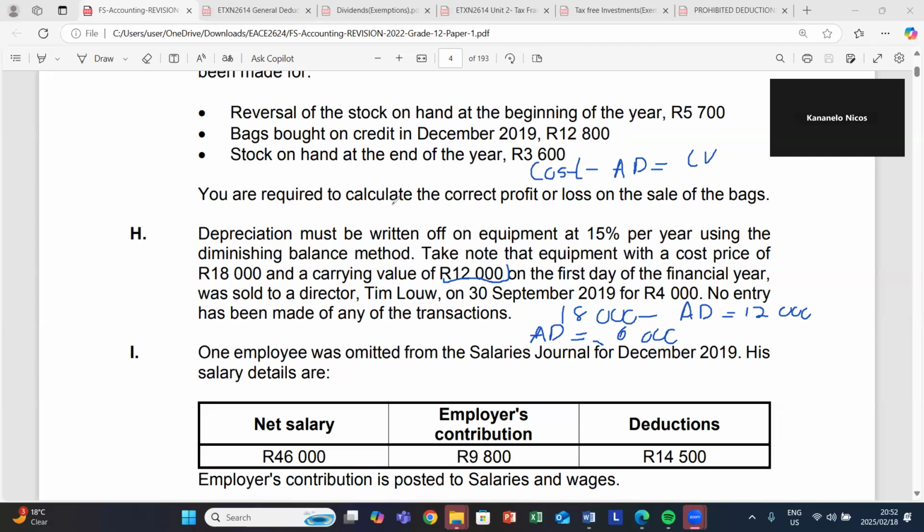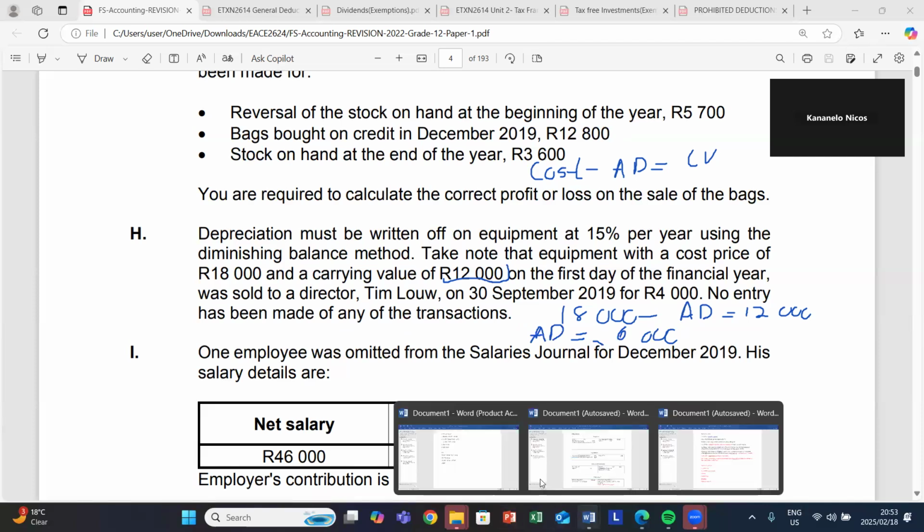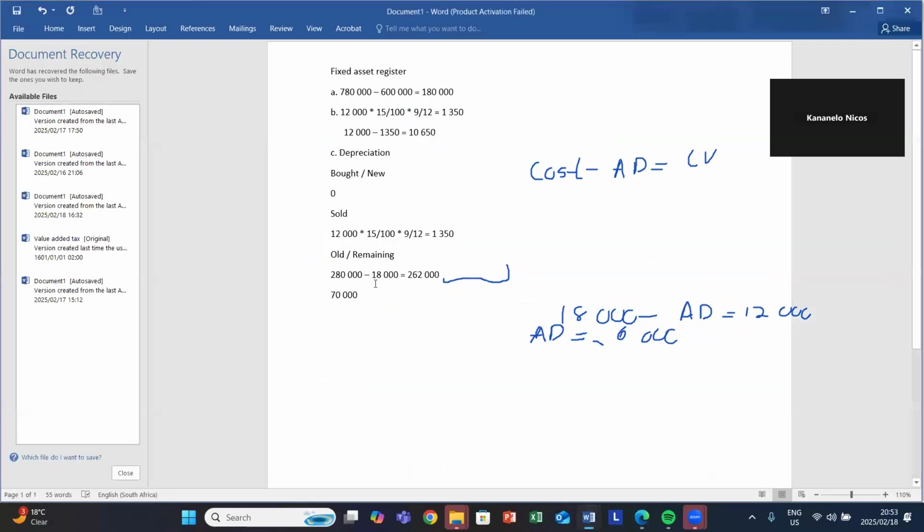Remember that this is the accumulated depreciation at the beginning of the year for the asset that you sold. Therefore, in your formula, you'll have to deduct it here.